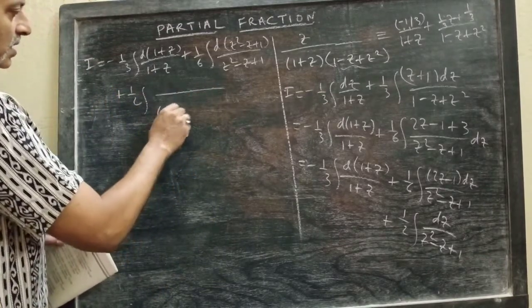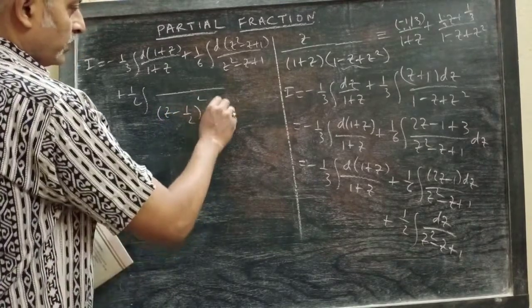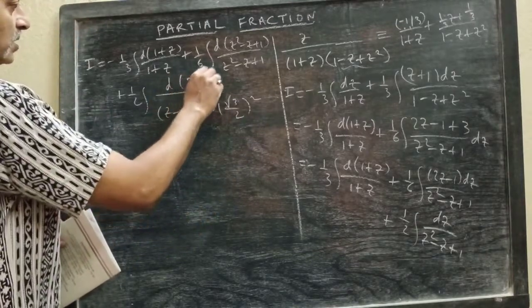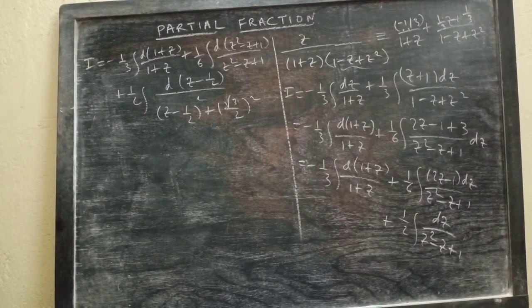Here I can write it as z minus half whole square plus root 3 by 2 whole square. So here I am writing d of z minus half. Now the total problem is readily integrable.